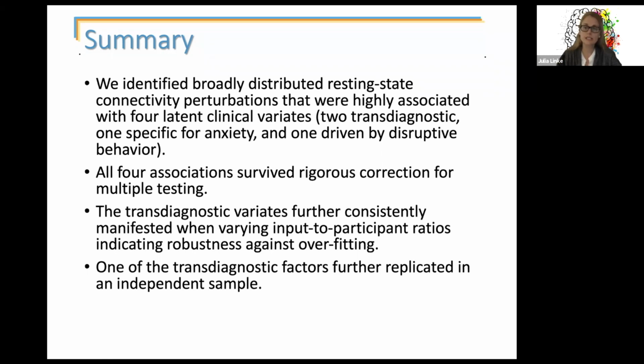All these associations survived correction for multiple testing. And I did not show this, but particularly the transdiagnostic factors in the discovery data set manifested consistently when we systematically varied the input to participant ratio, indicating some robustness against overfitting. And it was also one of the transdiagnostic factors that further replicated in an independent sample.